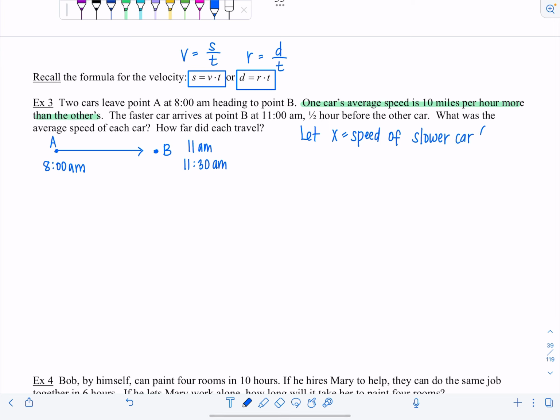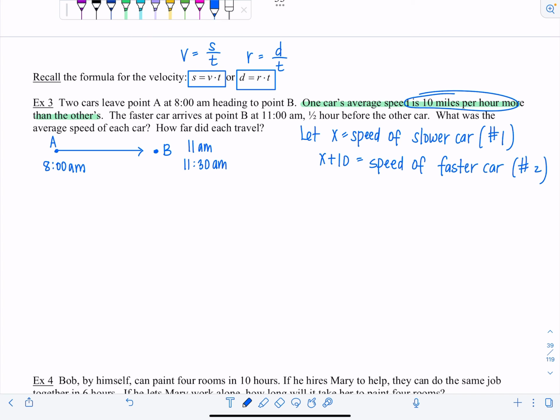I'll just call it car number 1, okay? And then the speed of the faster car, since they told me it's going 10 miles per hour more, would be represented by X plus 10. So that's the speed of the faster car. We'll call that car number 2, okay? So now let's figure out the distance that each car traveled using distance equals rate times time.